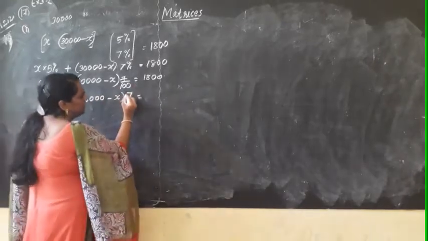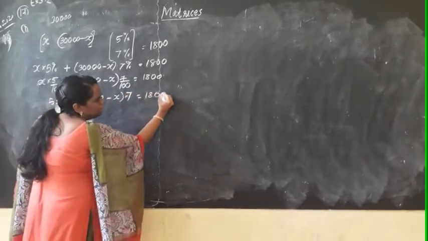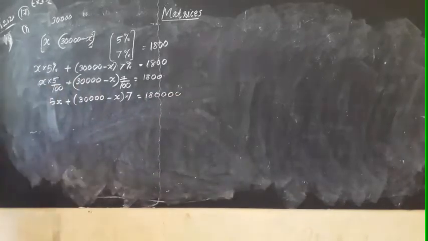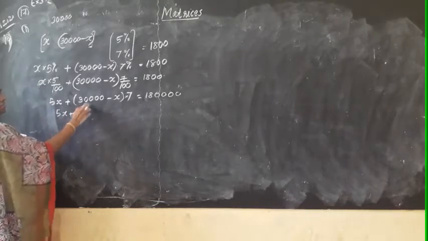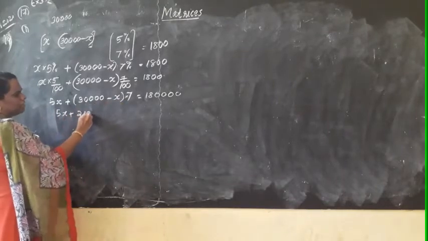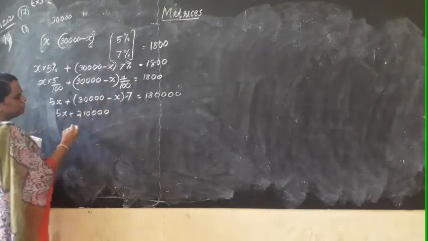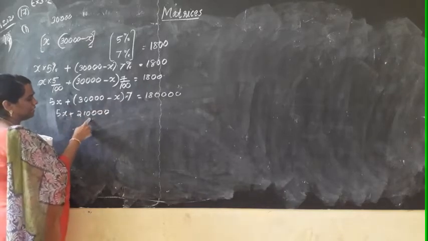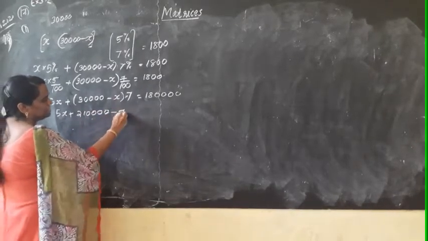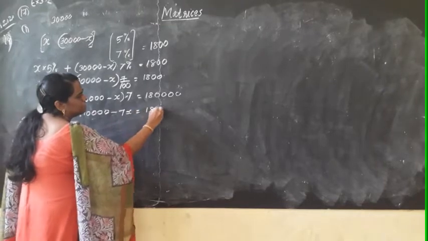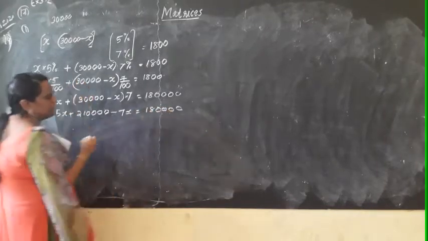You multiply by 100. Then this becomes 1,80,000. Then 5x plus 30,000 into 7, that is 2,10,000, minus 7x is equal to 1,80,000.